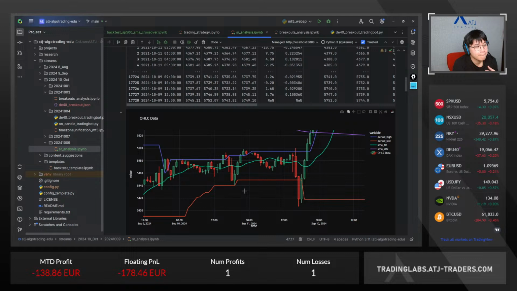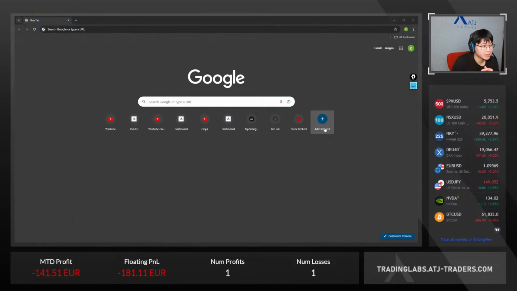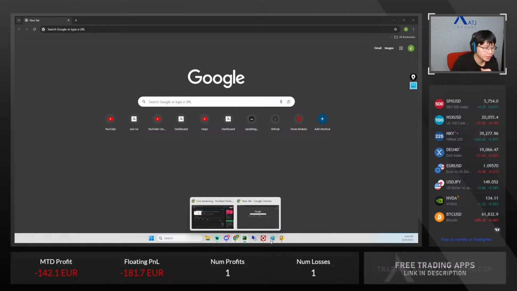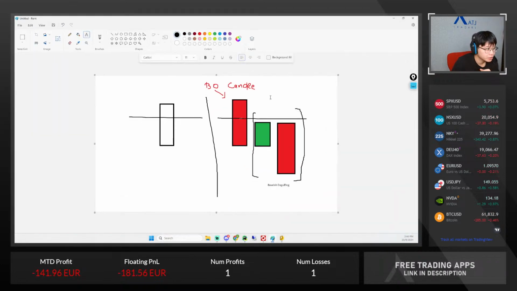So I think these are the two things that come to my mind. And I appreciate your input. This is very good, and I absolutely agree that we should maybe look not just at the first breakout, but maybe a retest and then continuation, which is actually very common, right?